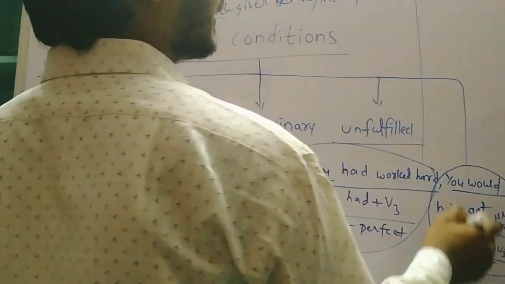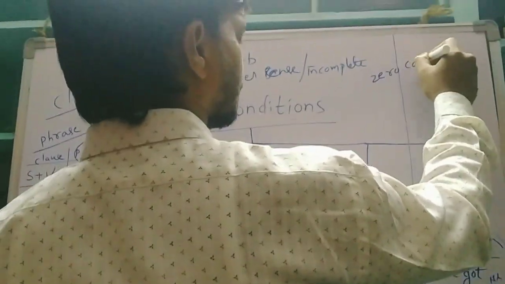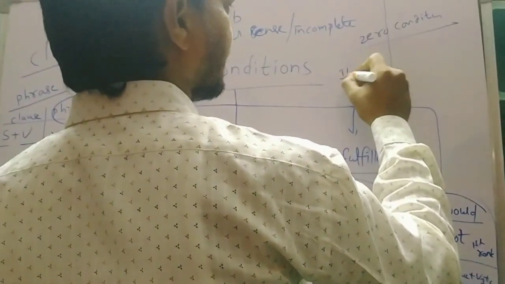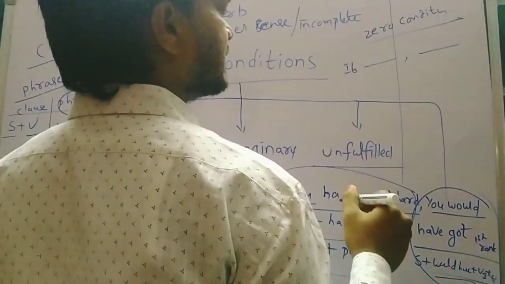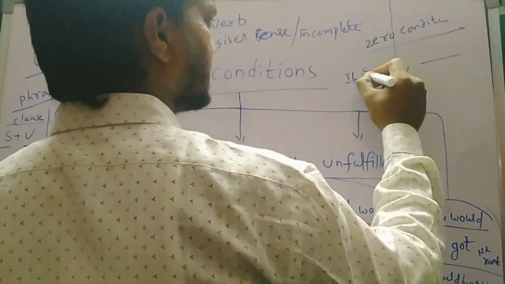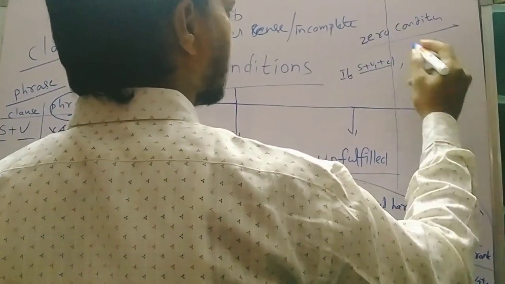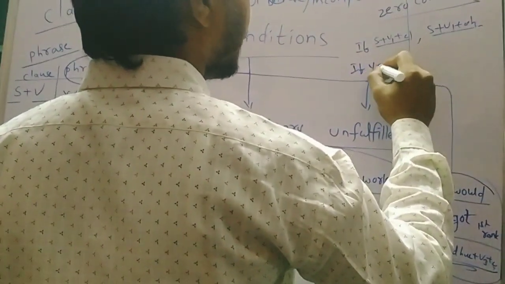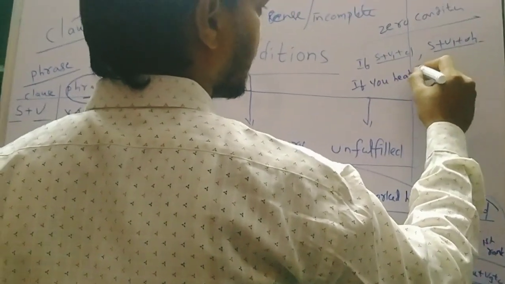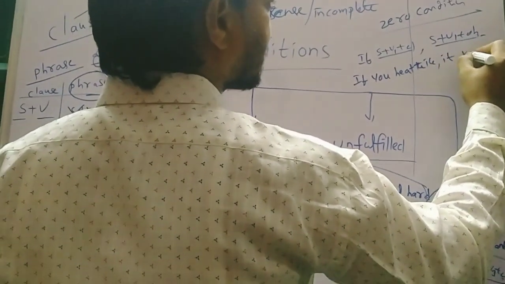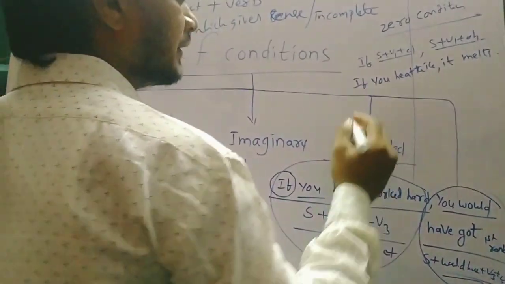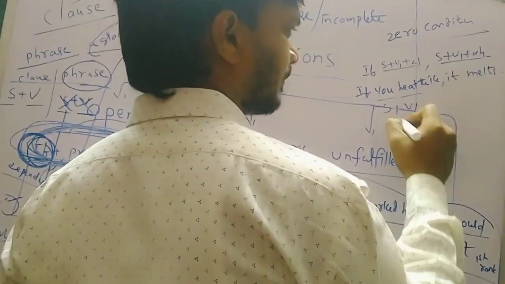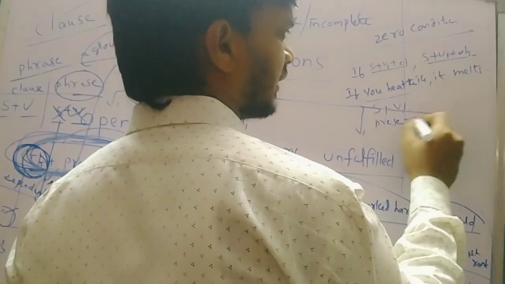We have one more condition, which is the zero condition. In zero condition also we have two clauses, the if clause and the main clause. In zero condition, the if clause is in the present simple tense and the main clause is also in the present simple tense. For example, if you heat the ice, it melts. Here, in if you heat, the subject is you, heat is the V1 form, and subject plus V1 is present simple tense.